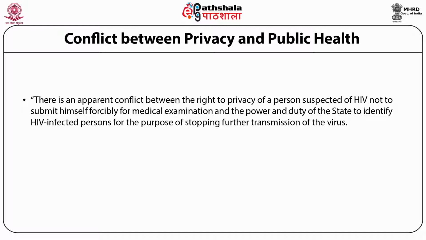But in the limited sphere of X versus Hospital Z, they said disclosing the status to a woman he is about to marry, because it would save her from being infected with a dreadful disease, was absolutely constitutional, right? So the conflict between privacy and public health.